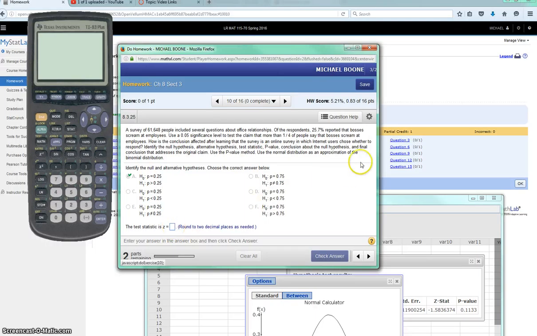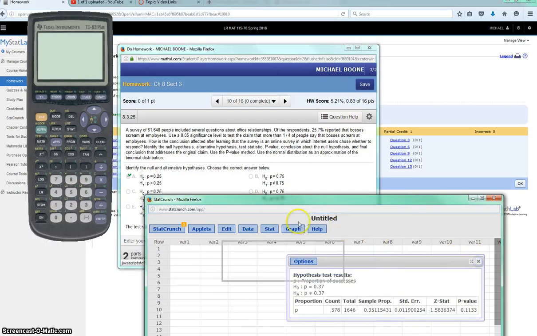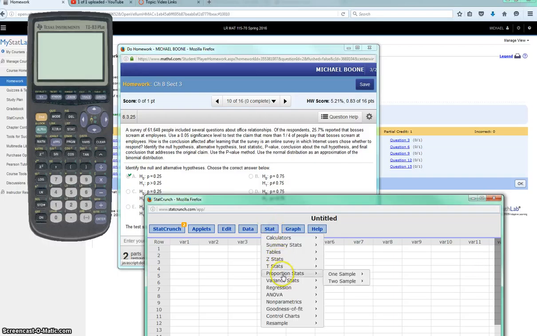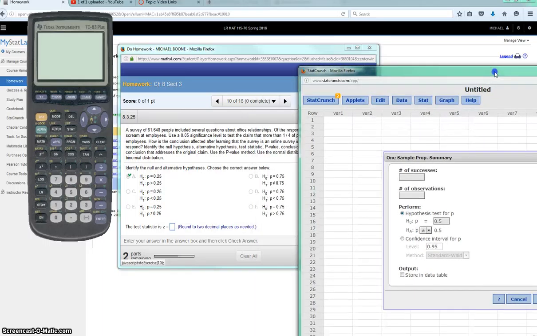Now the test statistic, if I go into StatCrunch and I go to my proportion stats, since I'm dealing with proportions, with summary. Now, in this case, I don't know my number of successes, I do know my number of observations, but I don't know my number of successes.